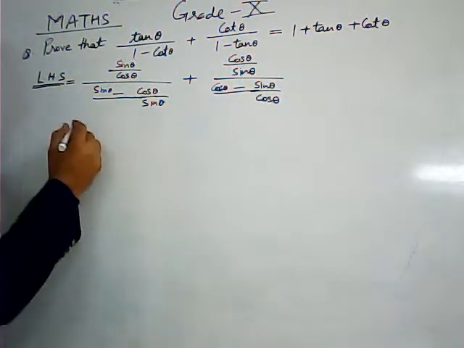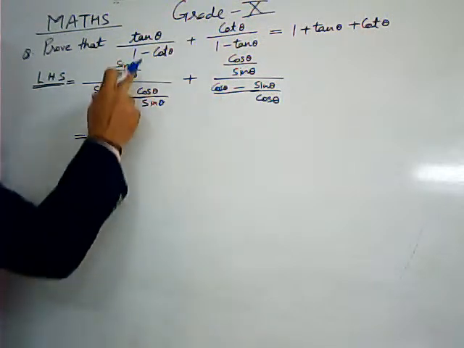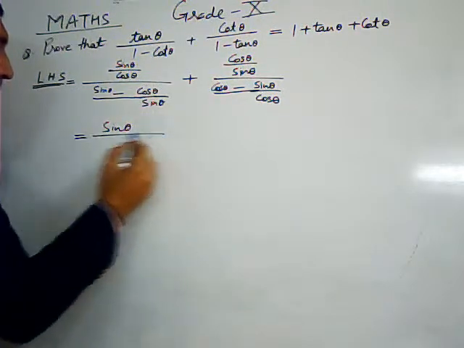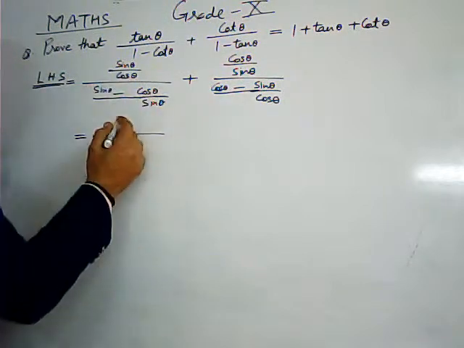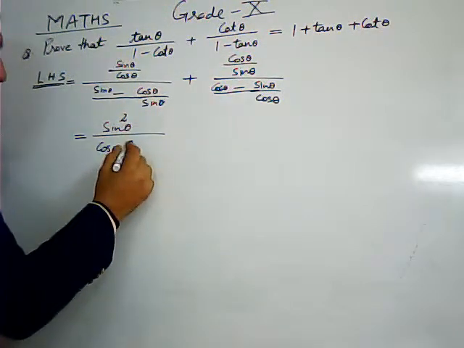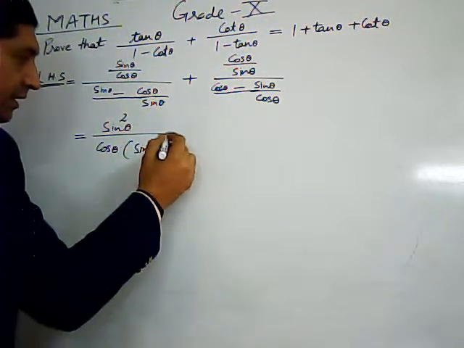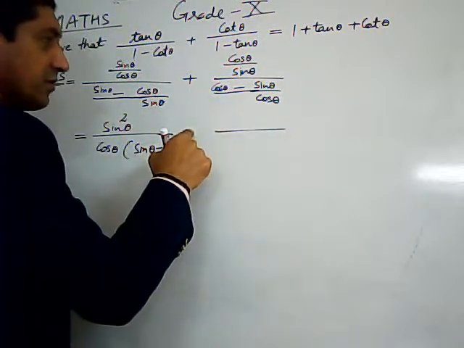So here we can take common sine. So we have one is sine of theta upon cosine of theta, right? So it is sine square theta upon sine of theta minus cosine theta, and here we can take the same, but the sign will change, right?